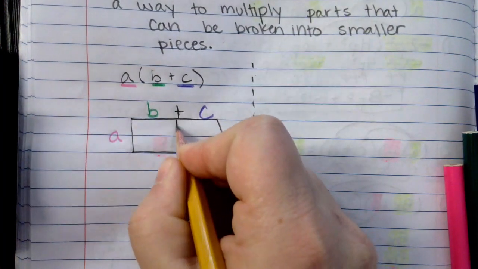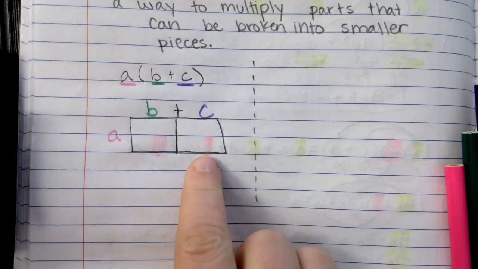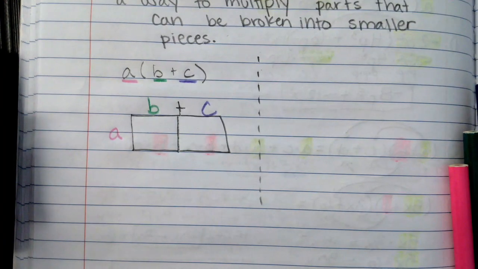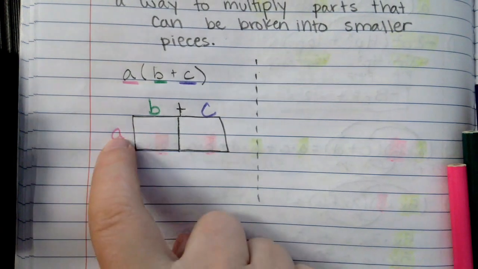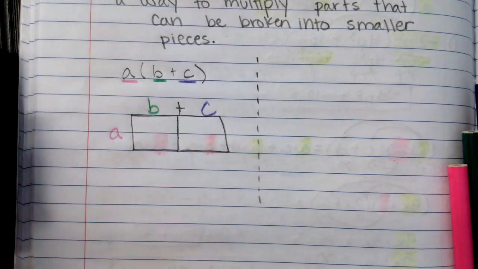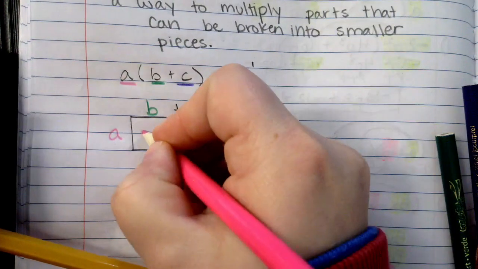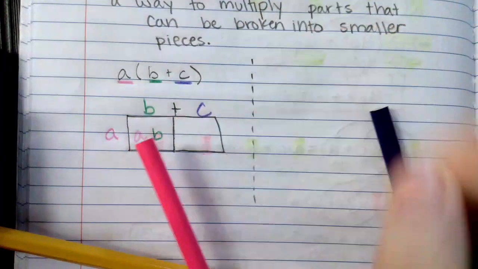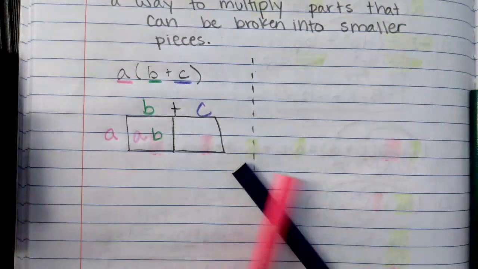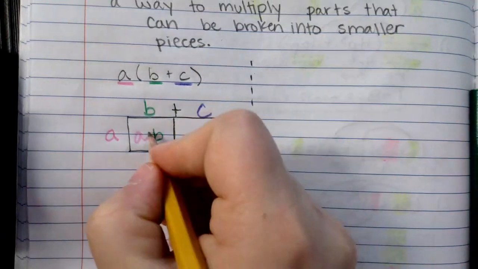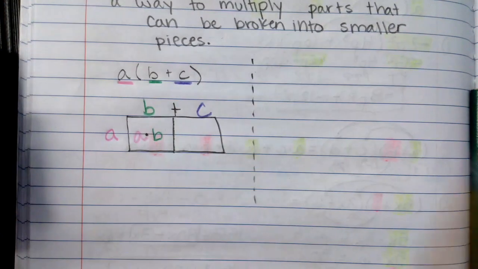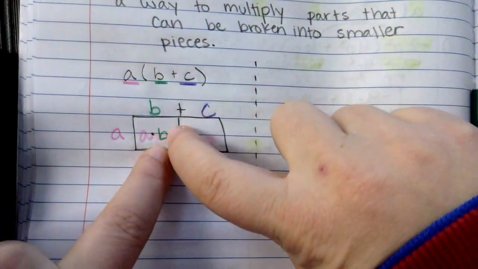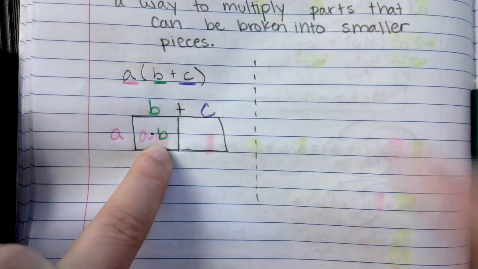So the first thing I'm going to accomplish here is A times B. So I'm going to write that A times B. Because A is in front and B is on top, that tells me to multiply those, A times B. Now when I go to the second one, I'm going to look at the column and the row to tell me what to multiply by.